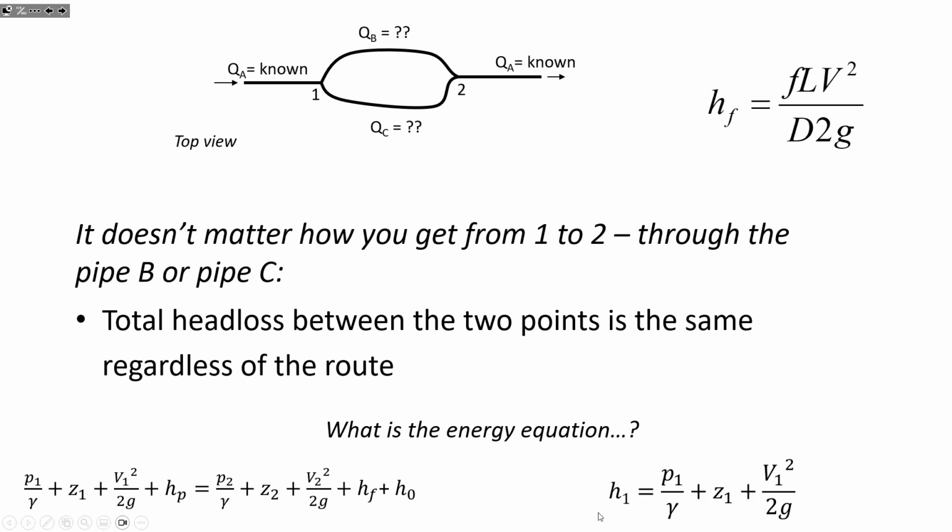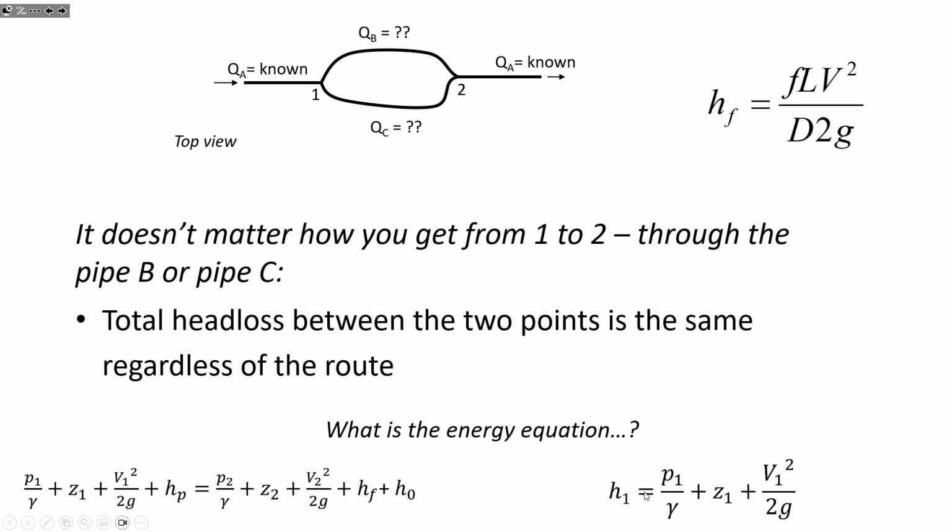We call that the total head at a point. The amount of energy at a point, or the amount of head at a single point, is its pressure head, elevation head, and velocity head. So by this expression, we could say H1 plus h_p is equal to H2 plus h_f plus h_L.